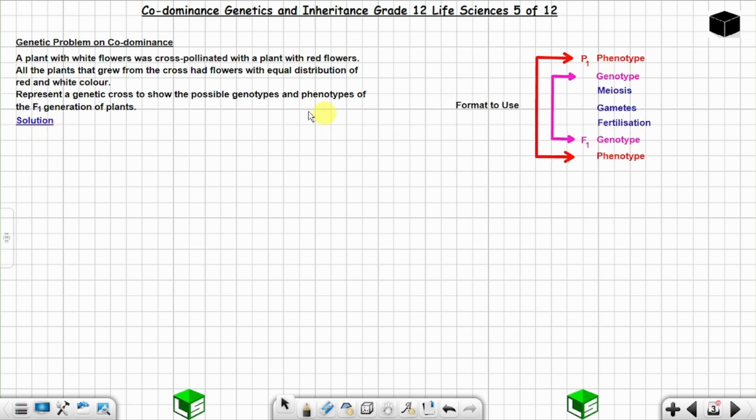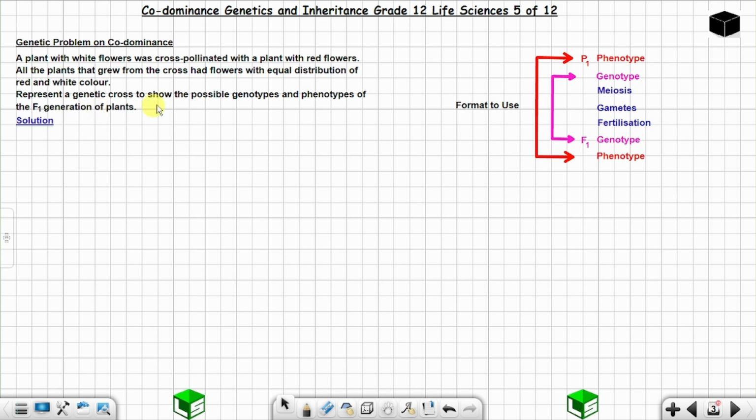When you read this, all the plants that grew, the offspring, had flowers with equal distribution of red and white color. From this, I can tell that I'm dealing with codominance.